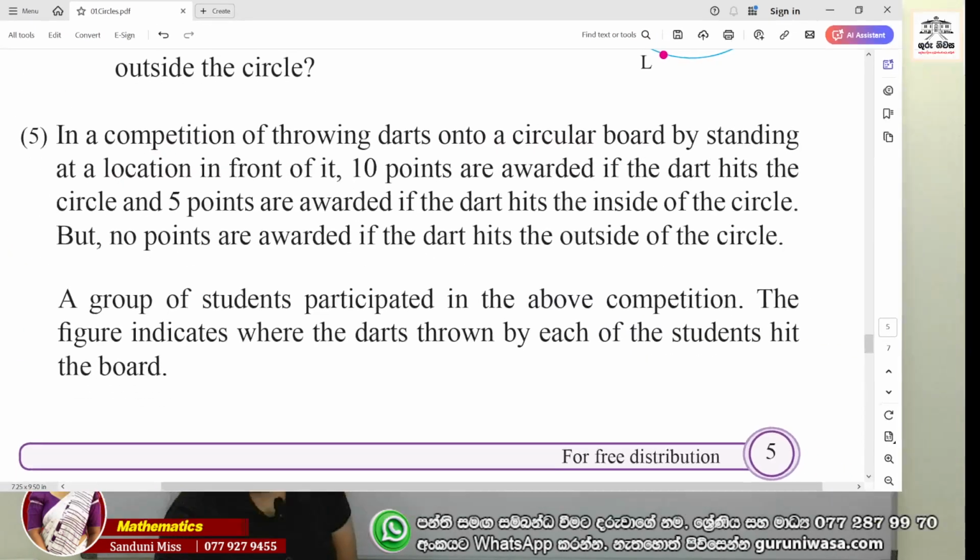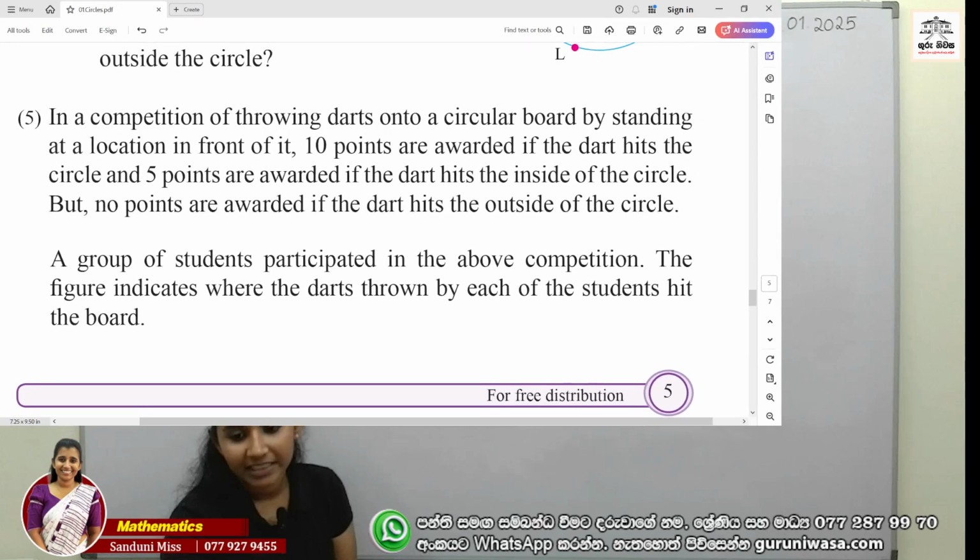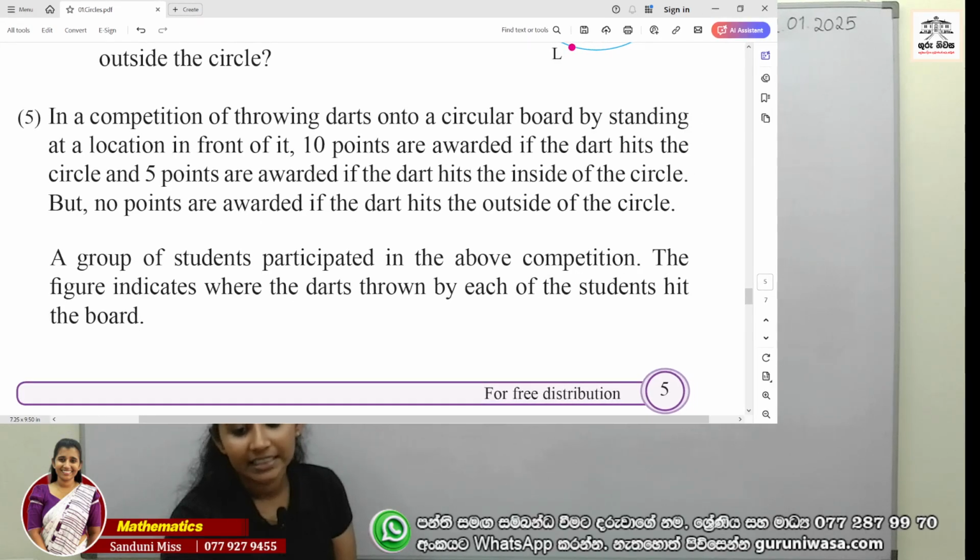I will read the question. In a competition of throwing darts onto a circular board, by standing at a location in front of it, 10 points are awarded if the dart hits the circle and 5 points are awarded if the dart hits inside the circle.